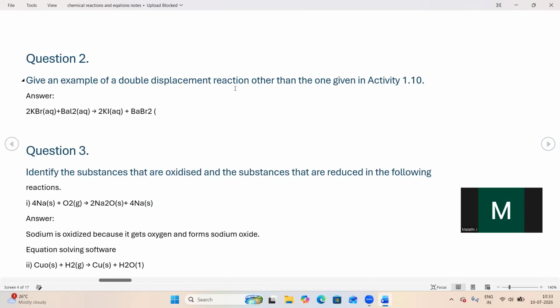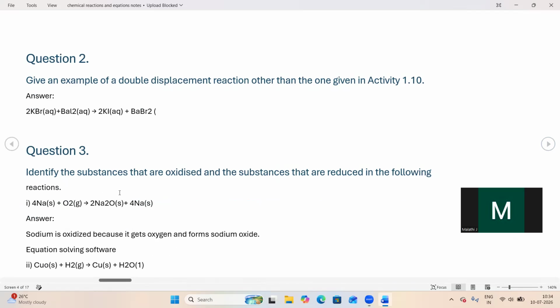Then give an example of a double displacement reaction other than the given activity. In your textbook activity 1.10, the example they gave you should not write. Other than that, you should give: potassium bromide reacts with barium iodide, you will get potassium iodide and barium bromide.